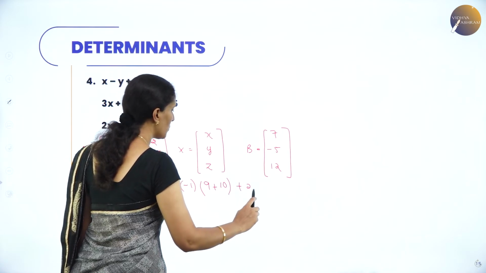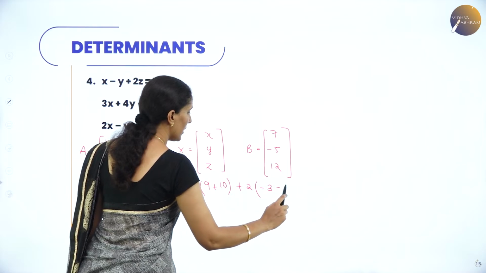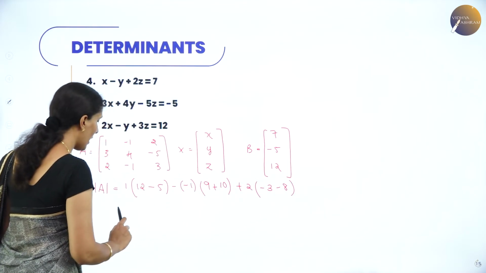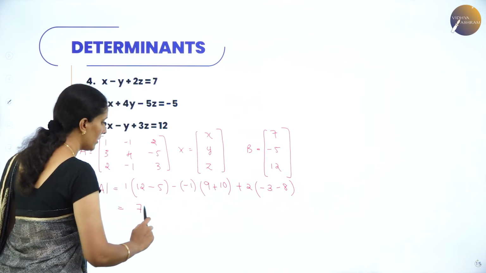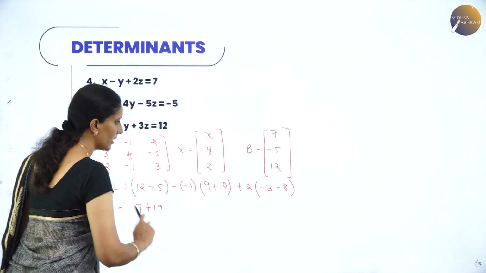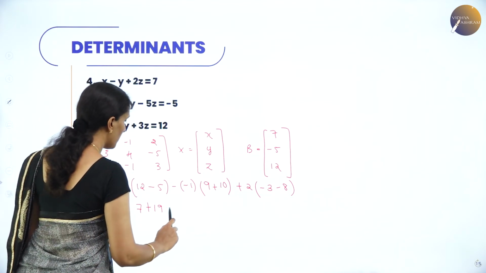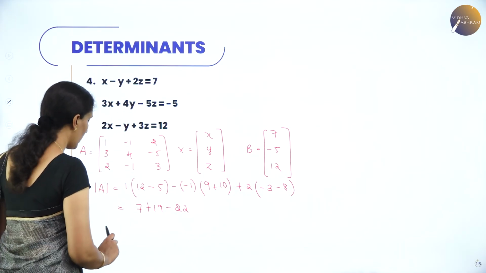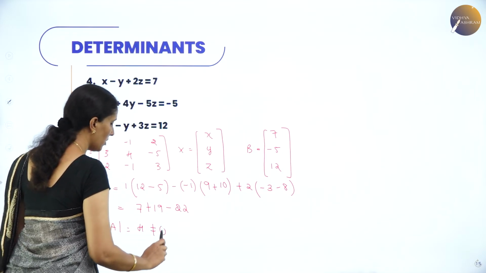Next we have plus 2 into minus 3 minus 8. So we have 12 minus 5, 7. So 19, which becomes plus 19. And minus 3 minus 8 is minus 11. 2s are minus 22. So here we get determinant A is equal to 4, which is not equal to 0.